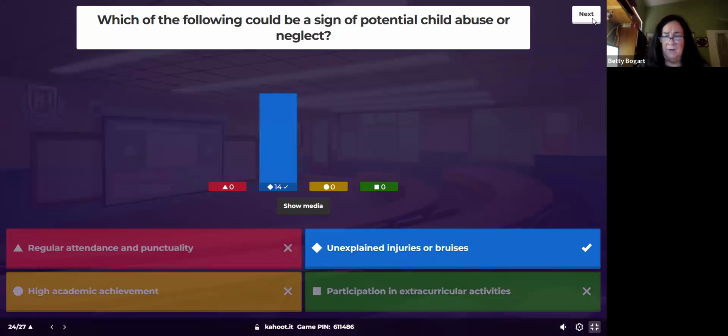Remember, when it comes to child abuse, as nurses, our responsibility is to keep children safe. And if we think something's going on, we need to get the proper authorities called in. I've got two cases that I'll never forget in my life, and I looked at both and I suspected something, and we did call in the authorities.